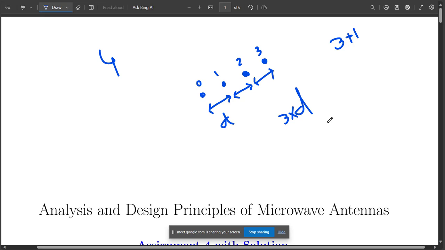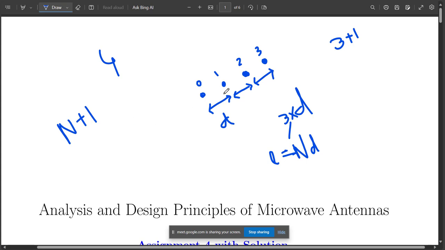So total length is 3D. If we say this as n, total length becomes nd. This n can be said as the space between these elements. Space between these elements is 3, so total length is nd. Total number of elements will be n plus 1.